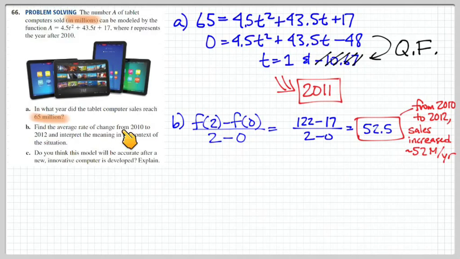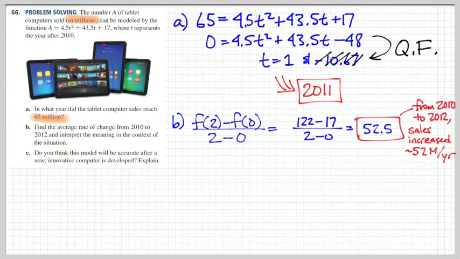The next problem asks to find the average rate of change from 2010 to 2012. So 2012 is represented by 2, 2010 is represented by 0. So our average rate of change equation would be f of 2 minus f of 0 divided by 2 minus 0. This is our slope equation. So I just plug 2 into the equation and I get 122.